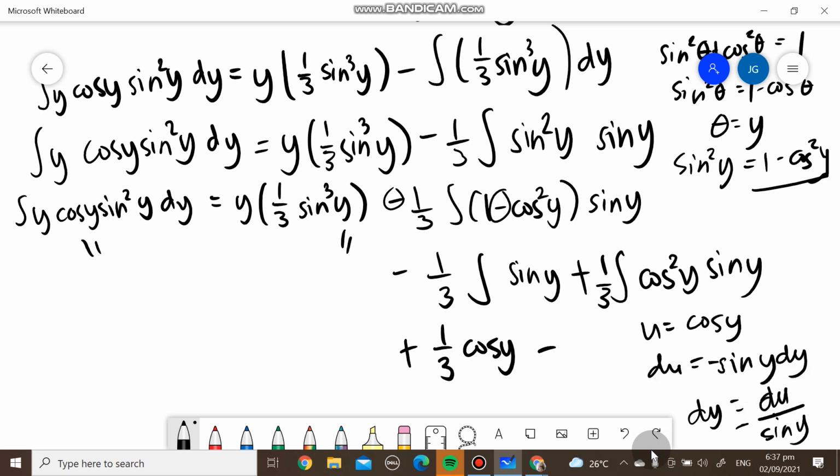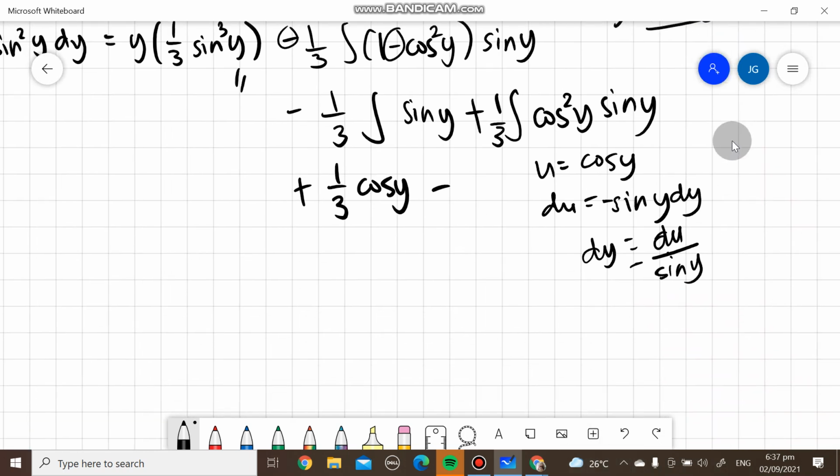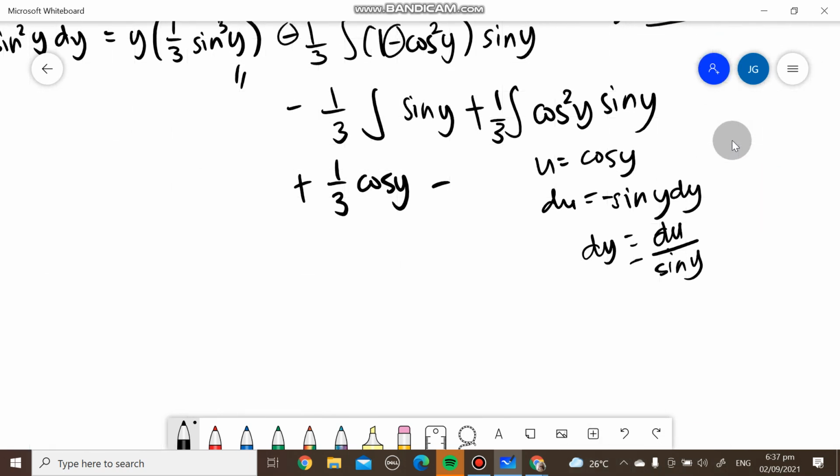So, wait, ilagay natin siya dito. So, we have 1/3 the integral of u squared sine y multiplied by du all over negative sine y. So, matatanggal to. So, we will be left with negative u squared.